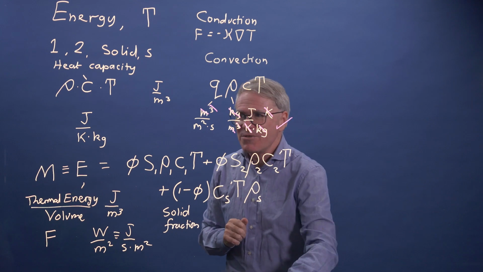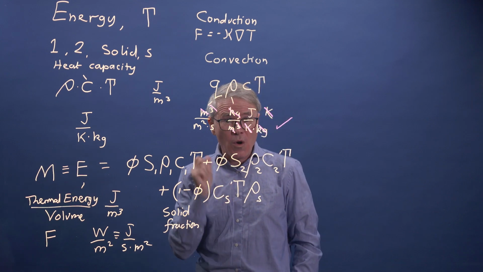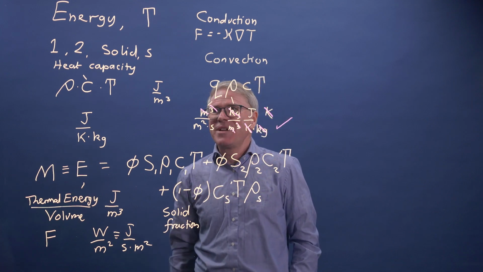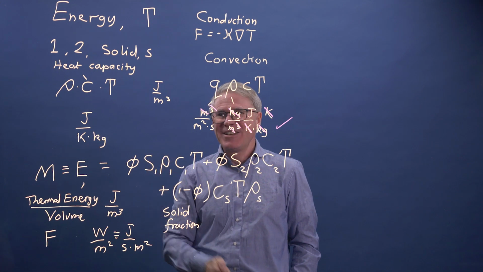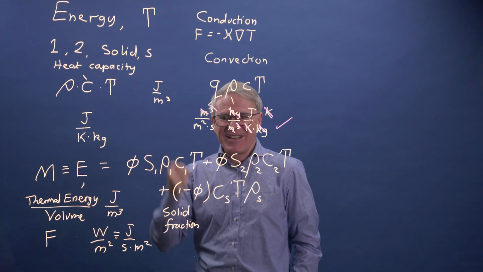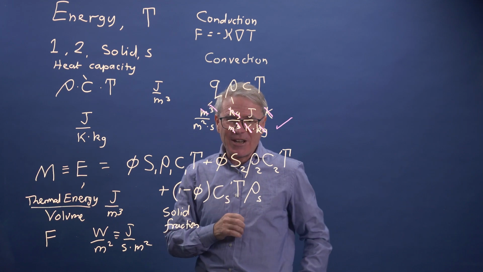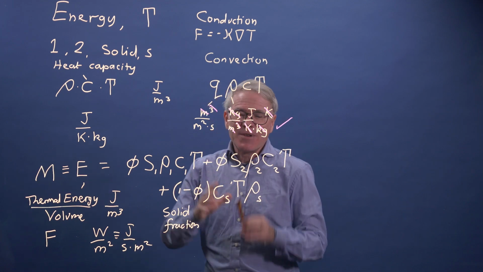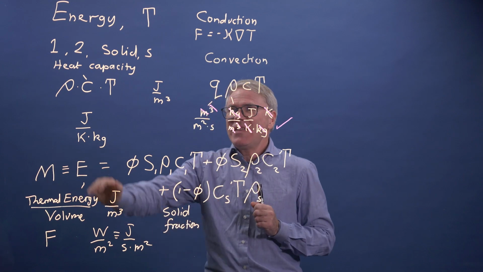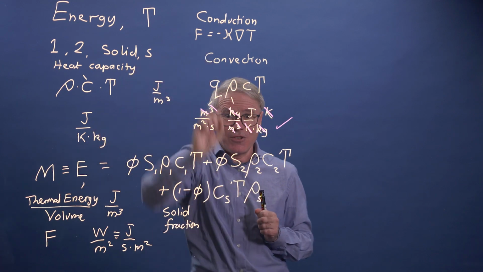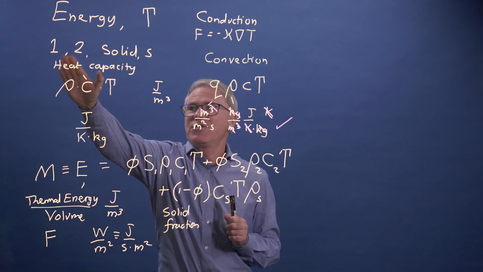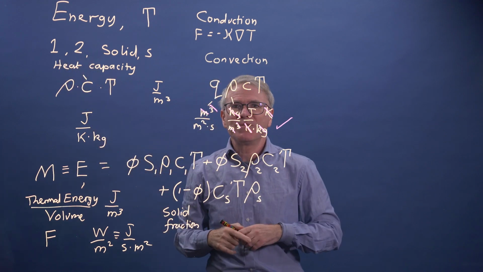But now we have to do that for all three phases. We have solid, we have phase 1, and we have phase 2. So we need to go through that, and we need to do that carefully. In the solid, there's only going to be conduction. The solid doesn't move, but the two phases, both of them move.